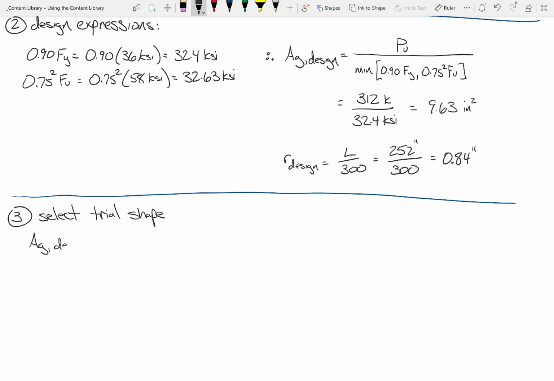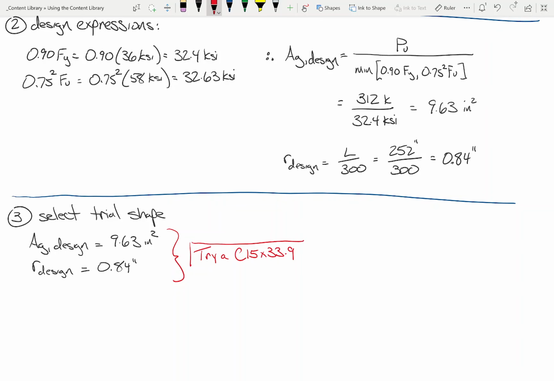So before we turn away and start doing our analysis, if we're going to analyze this member, what are some relevant values that we'll need?